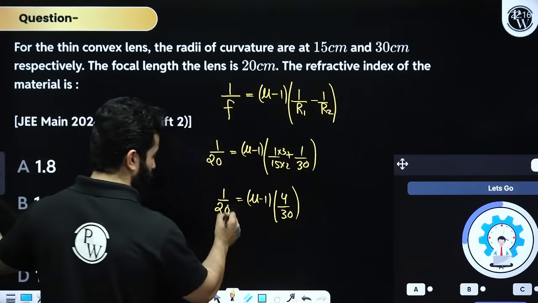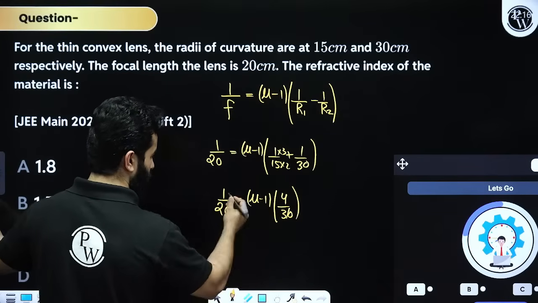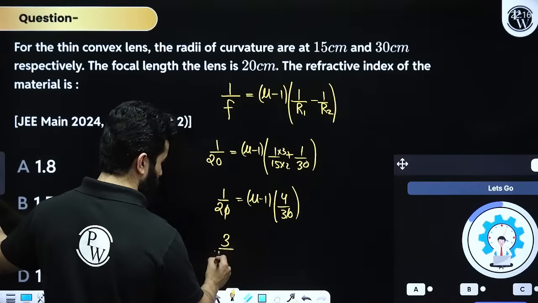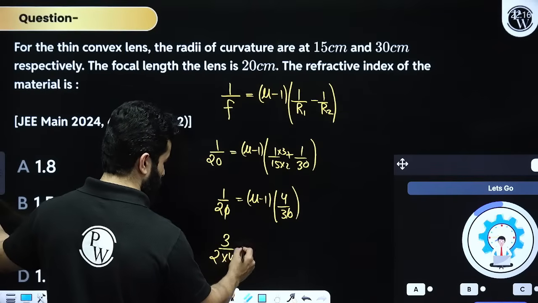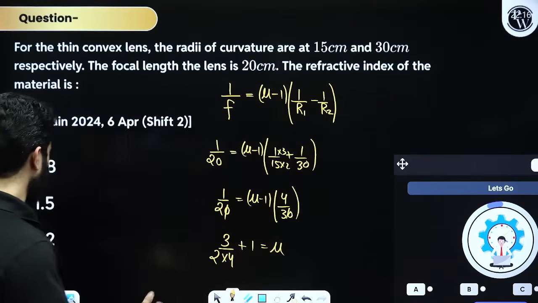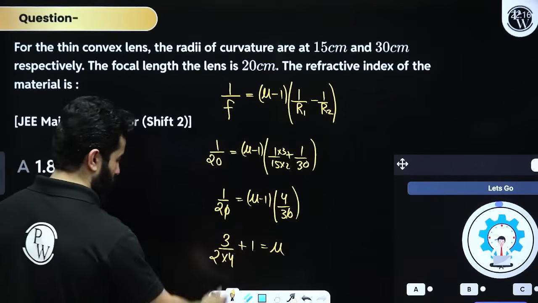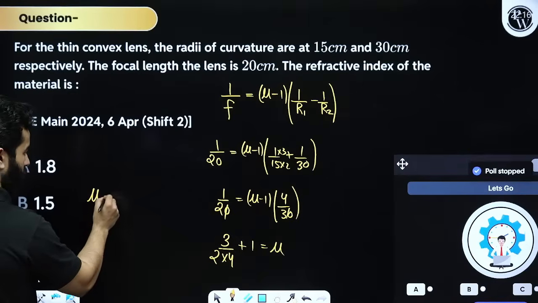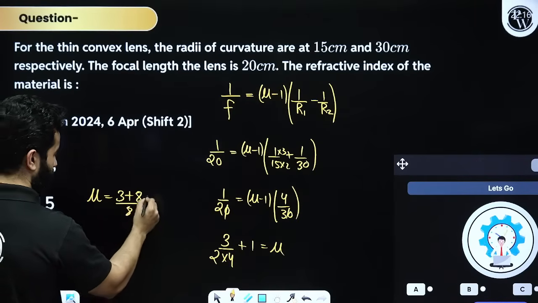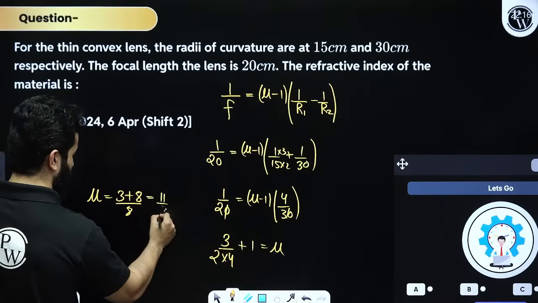You can cancel out this 0 and transpose this. This will become 3 by 2, and you can write 4 also over here, and then plus 1 is equal to mu. Find the answer, whatever you are getting. So mu will be 3 plus 8 divided by 8. This will be 11 by 8.